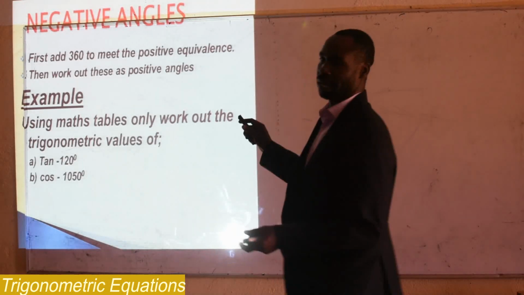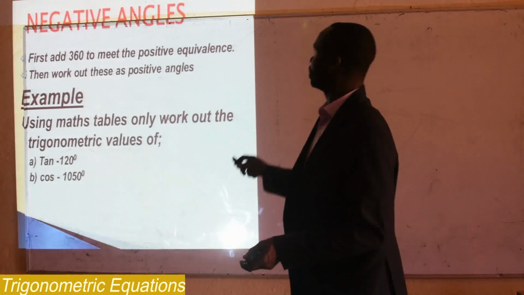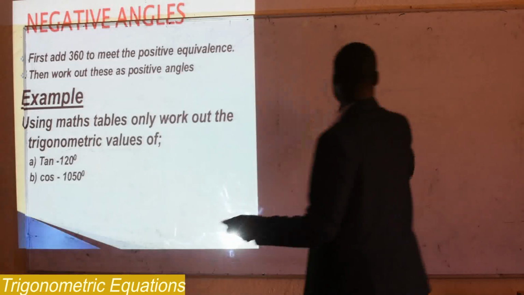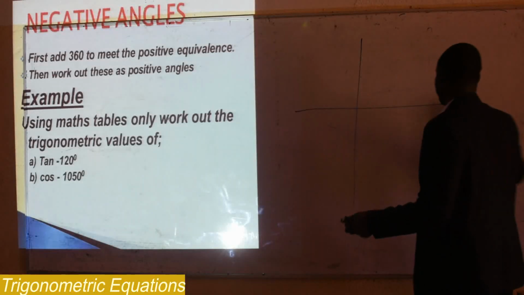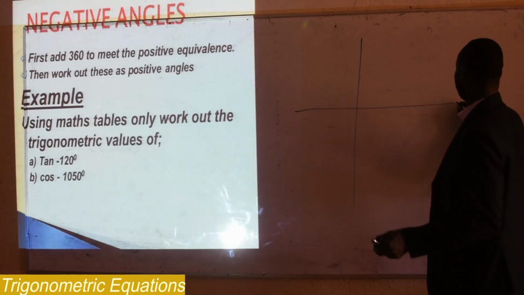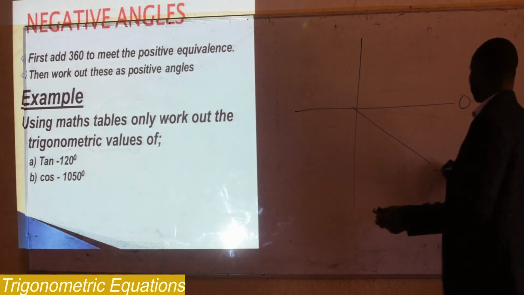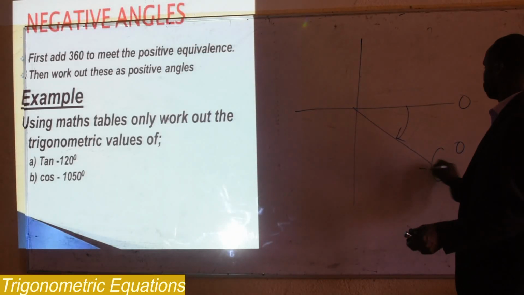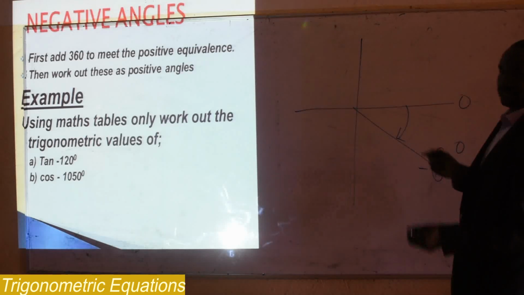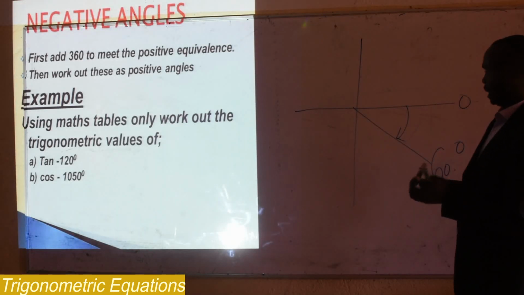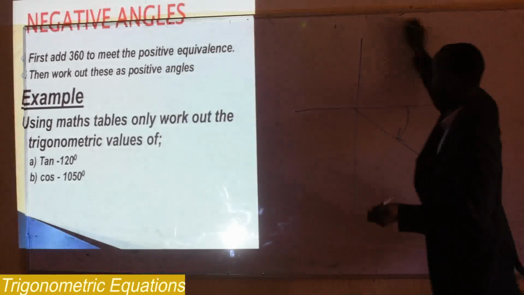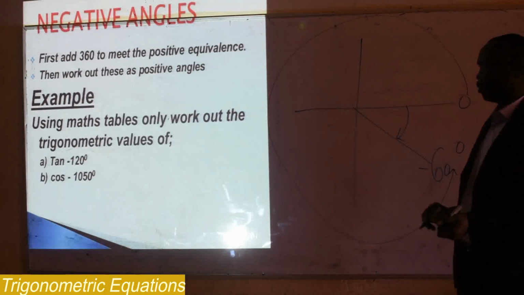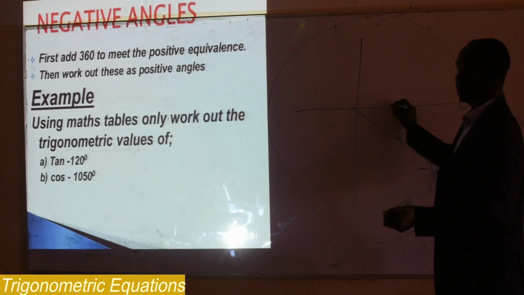We now move to negative angles. For negative angles, the first thing for you to do is to question yourself. For example, if this is 0, and you turn, this is negative 60 degrees like this, you have turned this way. If you are moving in the clockwise direction like this, up to here, what is the value of this one? That means you find the angle here.